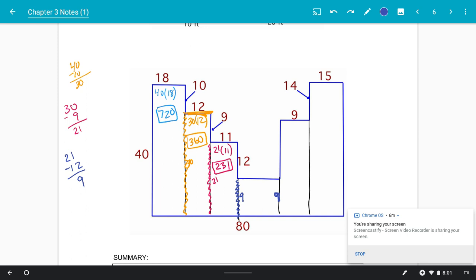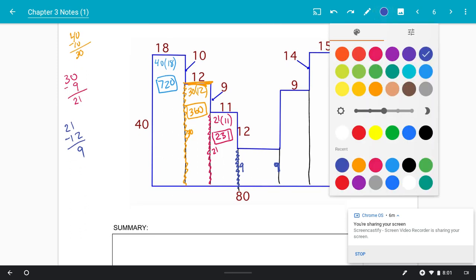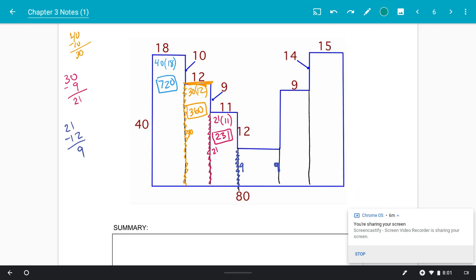So you guys could skip this if you want, or you could do it right now. You can do it in a different order depending on how your brain works. But why don't we just go ahead and do it since we're right here. So we know from this corner to this corner, that whole distance is 80. Okay? But we also know that this part is 18.